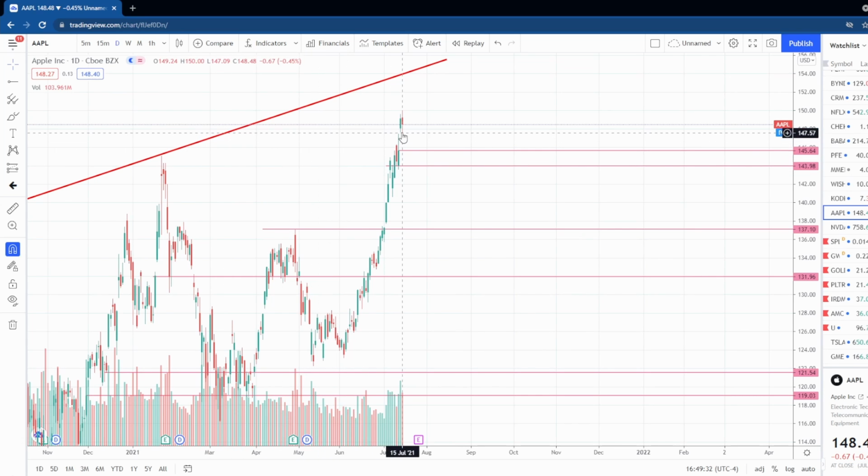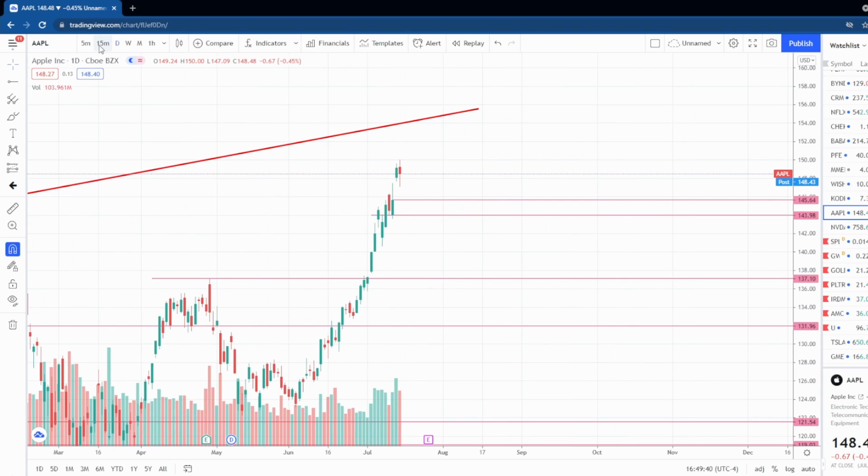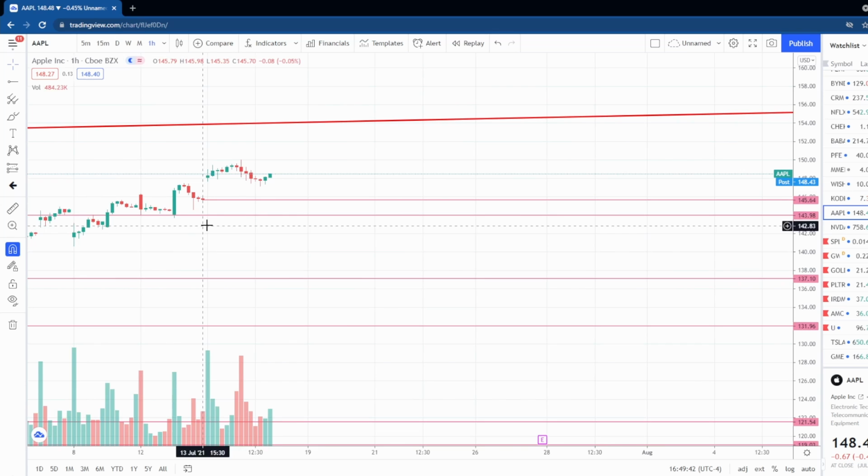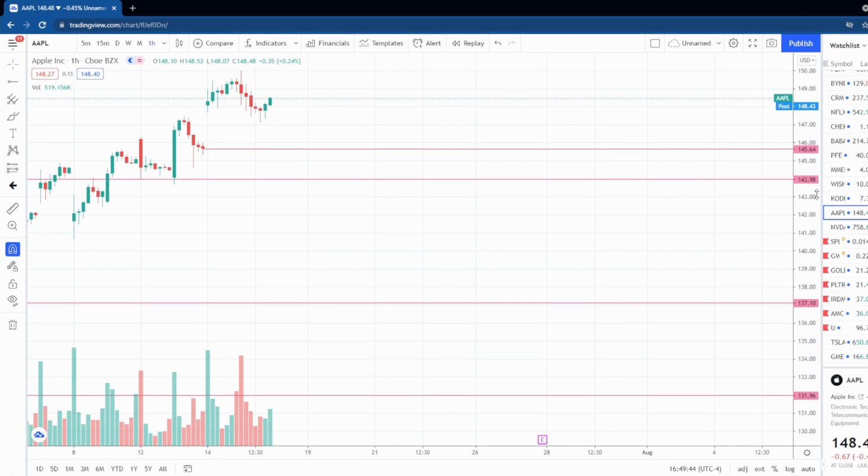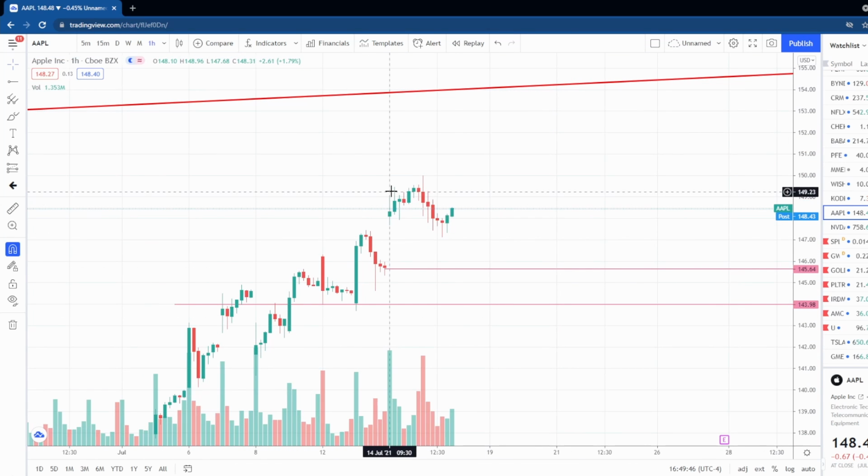But we have another gap here that we've identified. So let's zoom in here and take a look at the 1 hour. We have another gap up. Yesterday we just went up all day. Then today we pulled back a little. Maybe that's all they need.